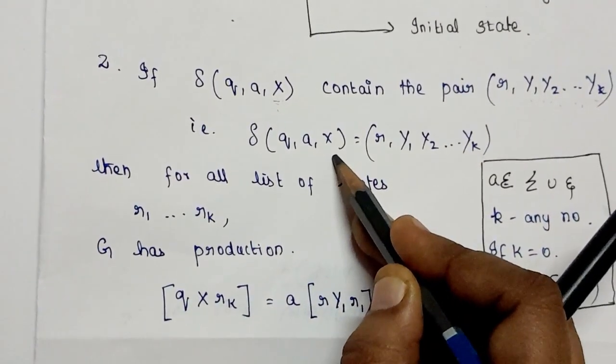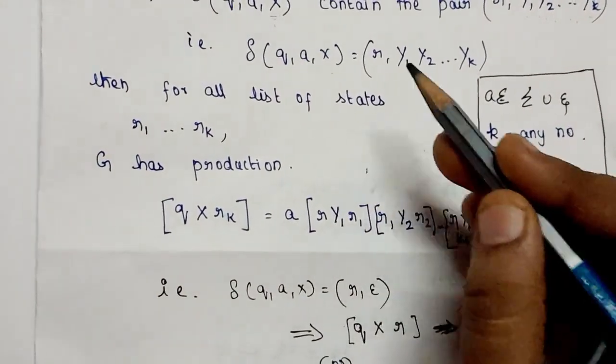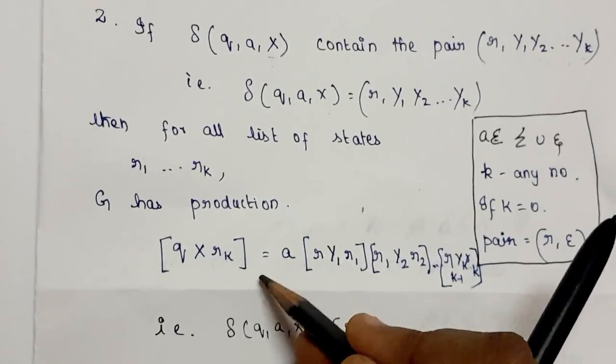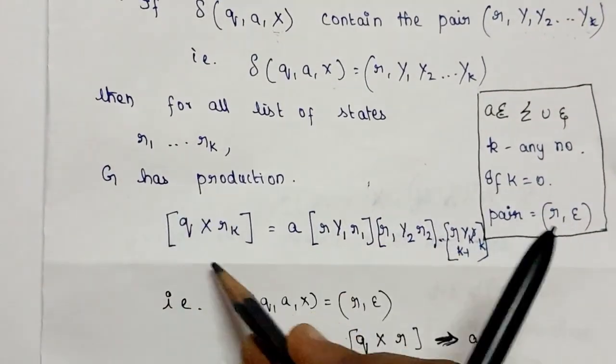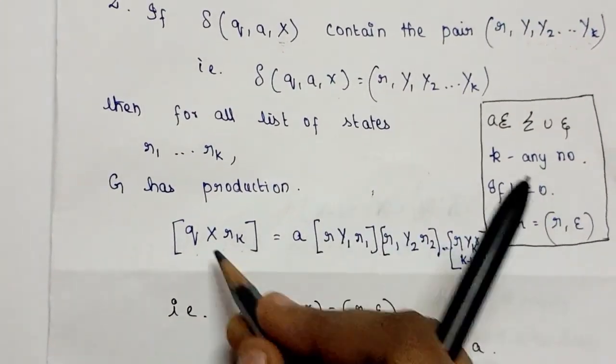For this transition function, the equivalent productions for any symbol will be taken in this format: [q X r_k]. Let's see how to represent this.